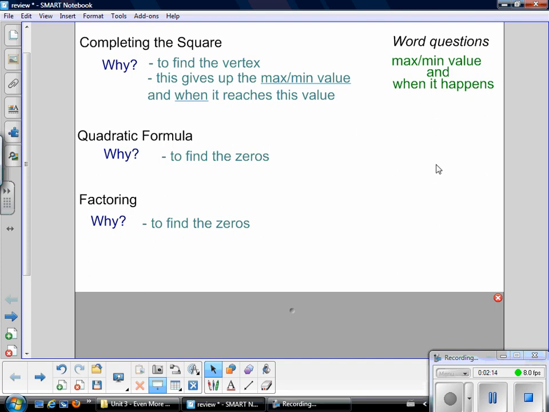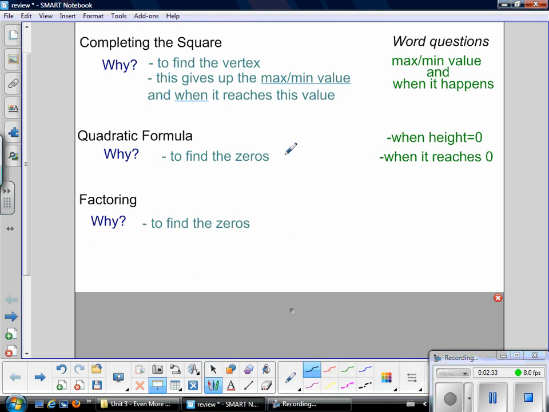Now, how do I know whether I should be using the quadratic formula? Well, for the quadratic formula, the word question will say when the height equals 0 or when it reaches 0. Okay, so I'm more concerned with when, especially, and most of the time we are talking about some kind of projectile motion, when does it get to this location here.